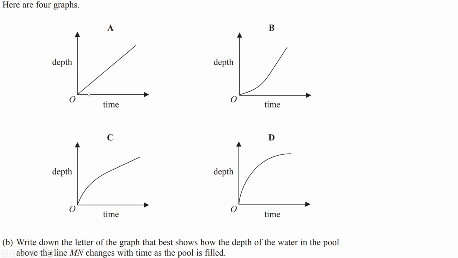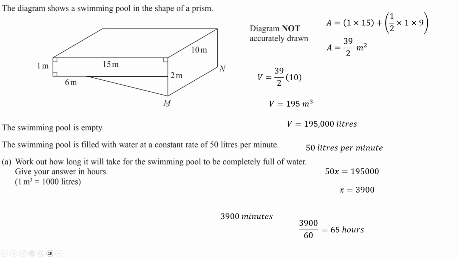Hopefully that makes sense. That tells us it's not going to look like this because you don't expect it to increase by the same height each time. Because here it has less volume to actually cover before it can move to the next height, right? So that means here the water height is going to increase more than it does here.